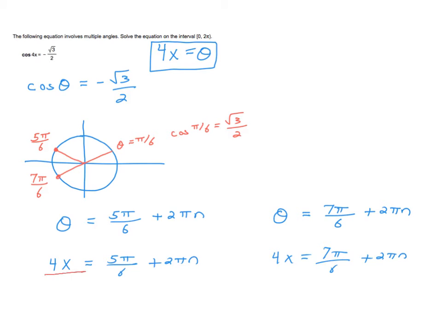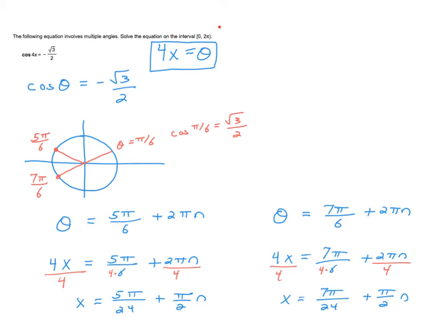So I'm dividing by 4, and it puts a 4 on the other side of the equations. If I simplify, I get that x is equal to 5 pi over 24 plus pi over 2 n, and x is equal to 7 pi over 24 plus pi over 2 n.